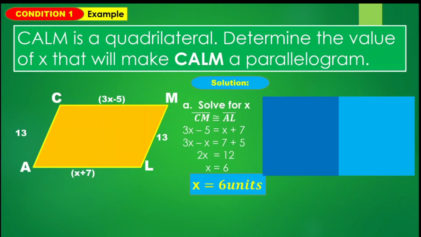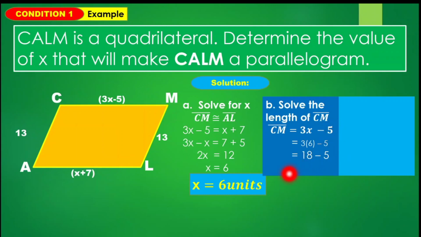Now, it is not being asked here to find how much is segment CM or side CM as well as segment AL. So to solve for the length of side CM, we have to substitute the value of x to the given. Side CM is equal to 3x minus 5.